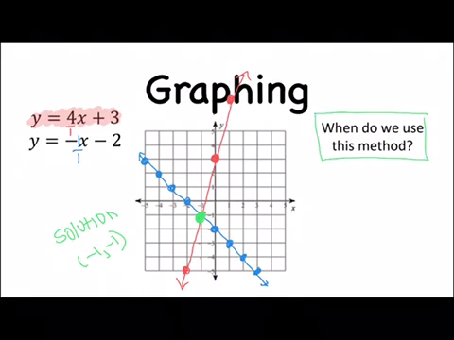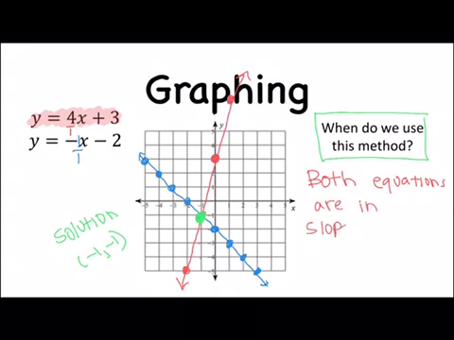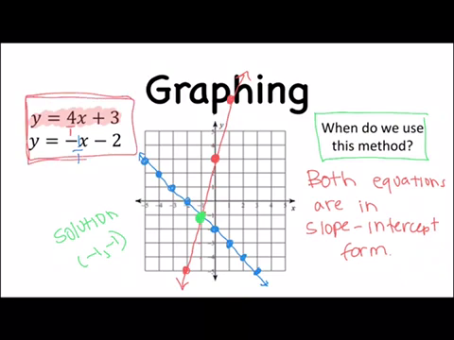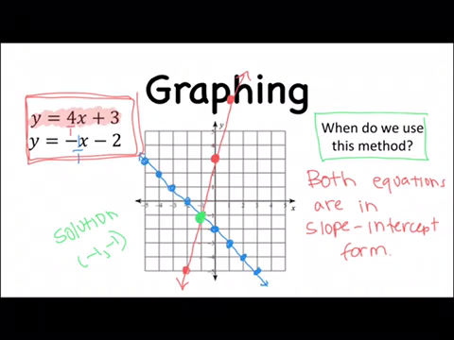We use this method when both equations are in slope-intercept form. So looking at our 2 equations over here, they are both in y equals mx plus b, which is slope-intercept form. If they're in that form, it's super easy just to graph them and see where they intersect.